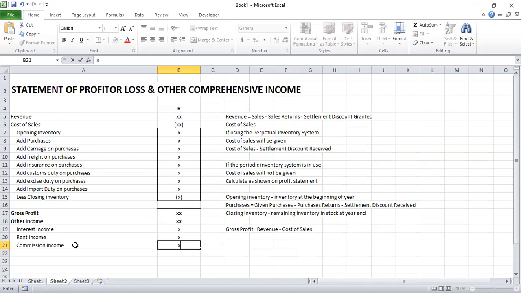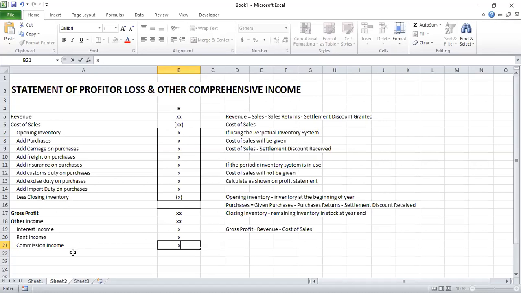So you'd find that there's additional income that they can get there. Right. So if you get that commission, that will be part of your income.